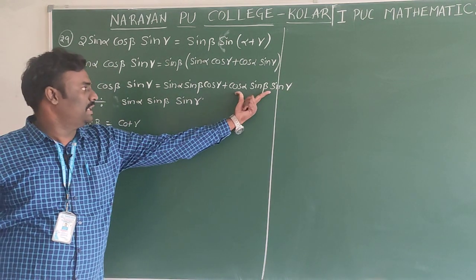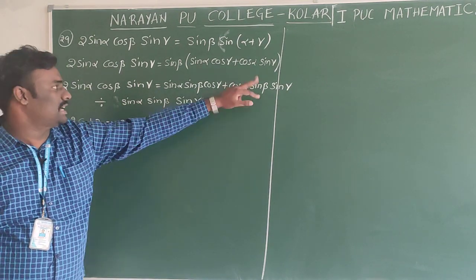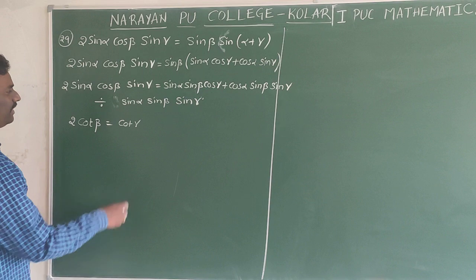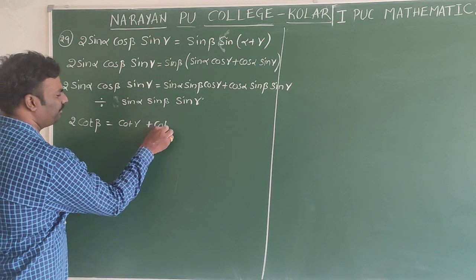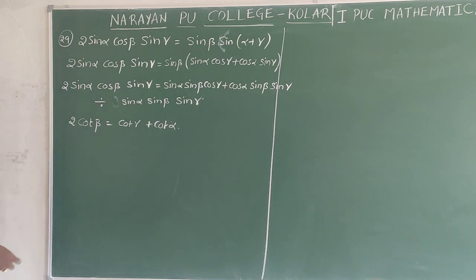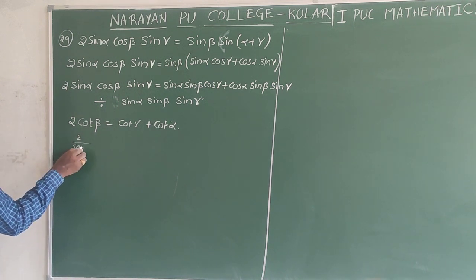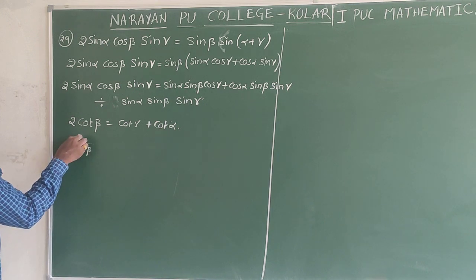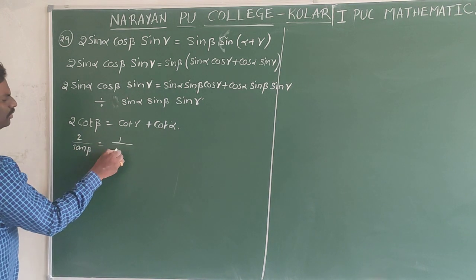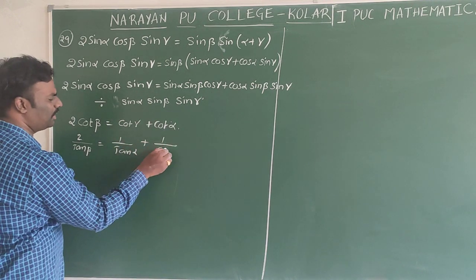If you divide this by this, you will get sin beta cancel, sin gamma cancel, cos alpha by sin alpha, that is nothing but cot alpha. Now cot can be written as 1 by tan. Now 2 by tan beta is equal to 1 by tan alpha, first I am writing alpha, plus 1 by tan gamma.